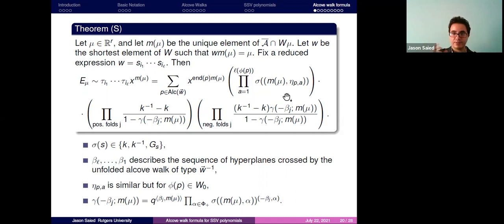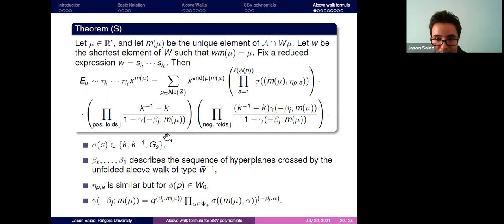So this is fairly explicit and we can deal with this. In the original Ram and Yip formula, we can write this more nicely as just a power of k. But here, because of the g's, we have to break it up a little bit. And then we have a product of positive folds and negative folds. And in each case, we have some quotient involving the eigenvalue of the y operator on x to the m of mu. And this formula is given below.